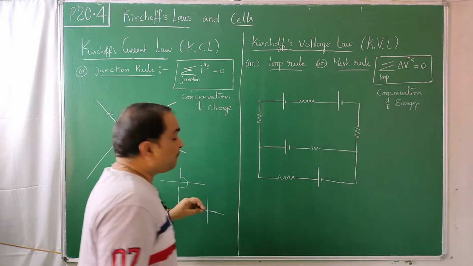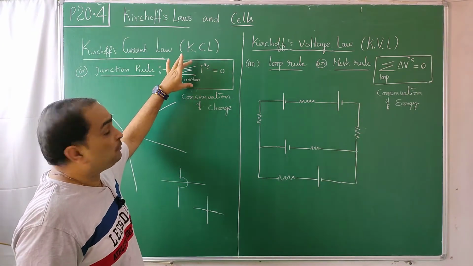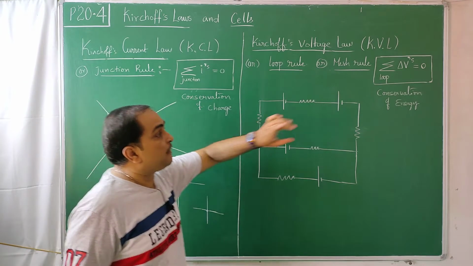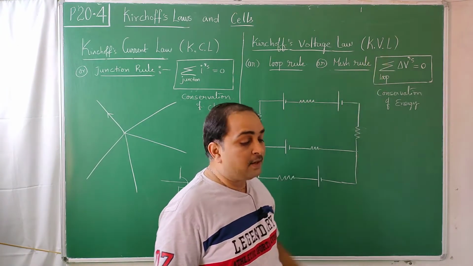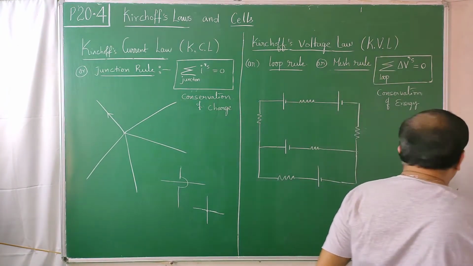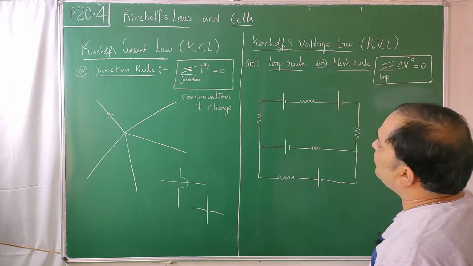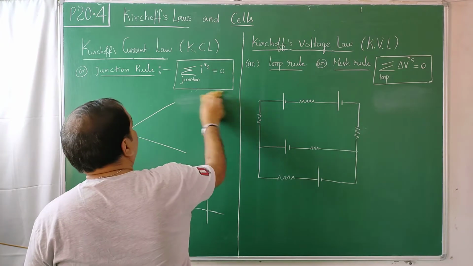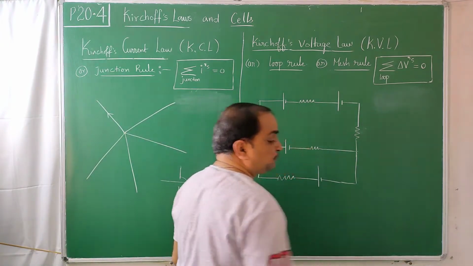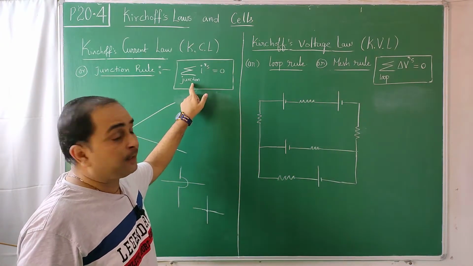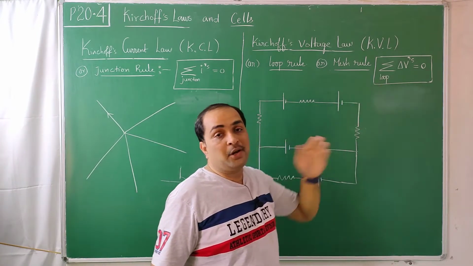So even though one is a manifestation of charge conservation and the other a manifestation of energy conservation, we look at them like this: the algebraic sum of potential differences is 0, the algebraic sum of currents is 0. This relates to a junction, this relates to a loop.